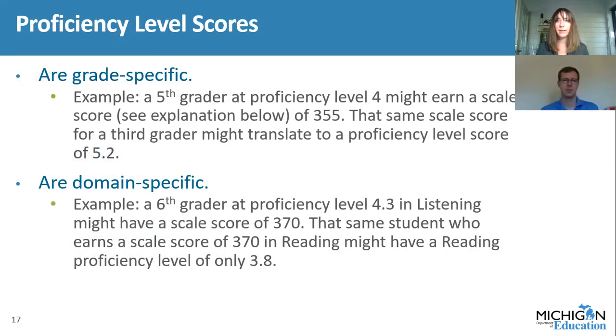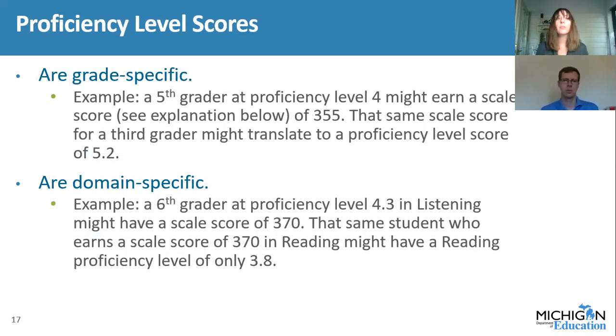Now that same scale score of 355 for a 3rd grader might actually translate into a proficiency level score of 5.2. So that's an important thing that you need to know when you think about comparing scores across grade levels. There is potentially going to be some difference, and this is one thing that you want to keep in mind as you're looking at your data.